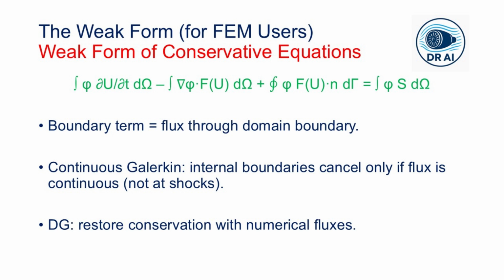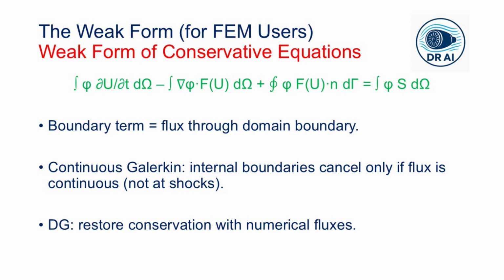So for a conservative form, the weak form looks like as displayed, and this integration by parts moves the divergence from the flux onto a test function, and the boundary term appears. This boundary term is exactly the flux through the domain boundary.